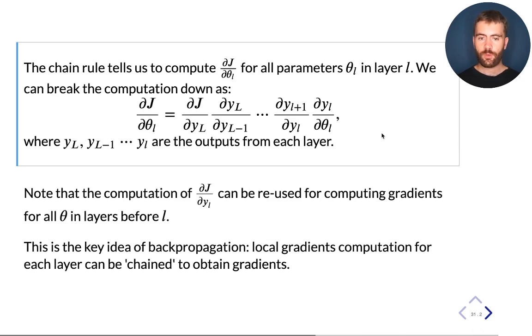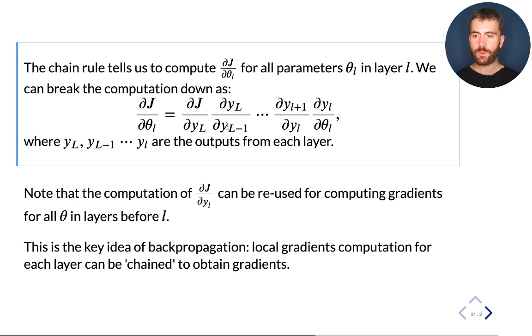And now, one important observation is that if I look at the gradient, if I want to look at the derivative of some other parameter, theta L minus 1, which is a parameter of the L minus 1 layer, then the formula will be really similar, except there will be an additional set of terms here.